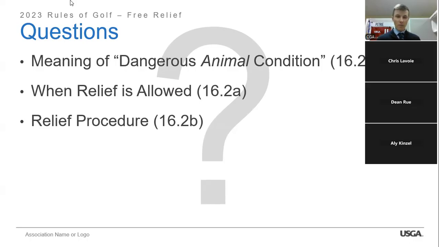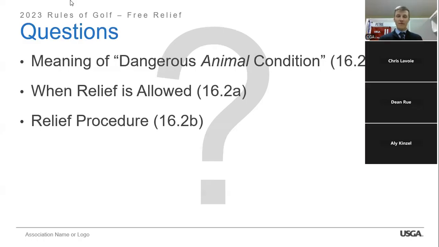And a question from Kari: what if a penalty area is marked as a rattlesnake area, but none can be seen nearby? Good question. Your course, I would typically say, would mark that as a no play zone if that threat's there. We have to be certain of the animal's existence.